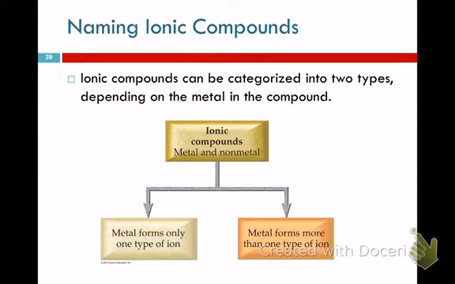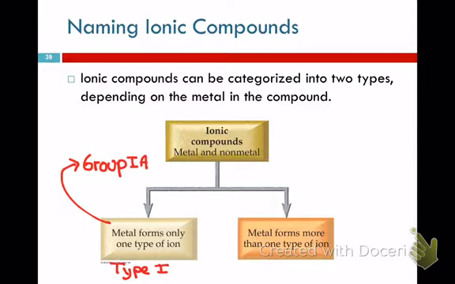I'm going to gloss over it a little bit, but if you remember, if it's group 1A, okay, what's the charge of everything in group 1A? It's 1. Okay, so that's what I mean. There's some metals that only form one type, and there's a name for those. They call them the type 1s because it makes one type. So I'll often refer to it as type 1. And then there's other metals.